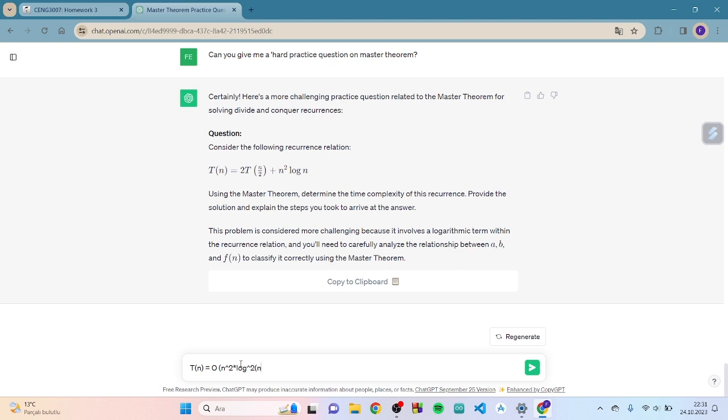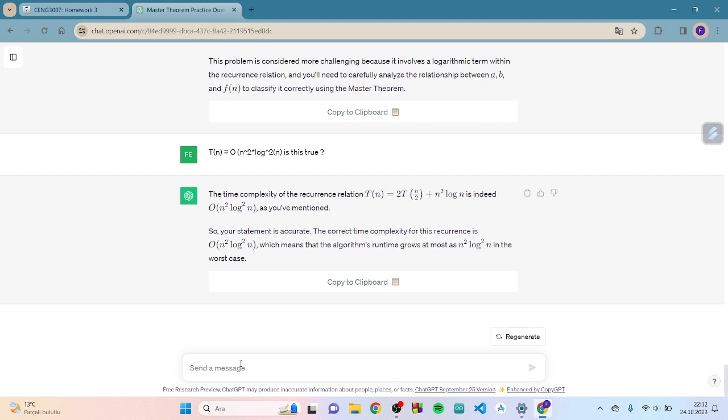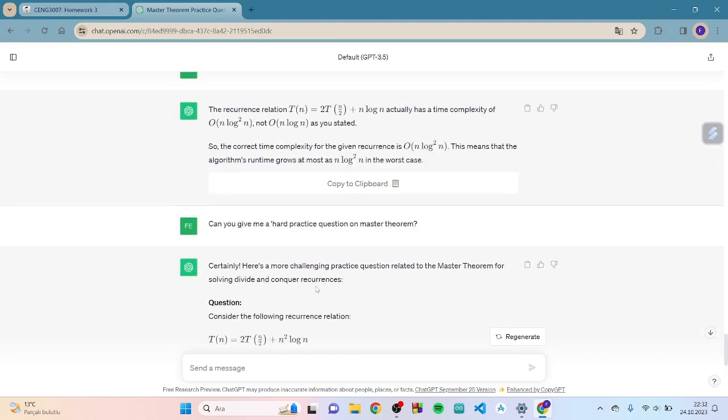I think this is true. Okay, the time complexity of the recurrence relation is indeed O(n square log square n), as you have mentioned. So your statement is accurate. This is true, which means the algorithm runtime grows at most n square log square n in the worst case. Okay, I think it's true.